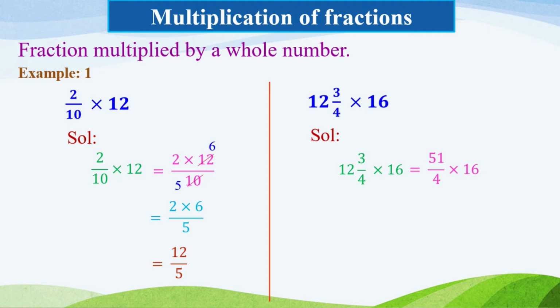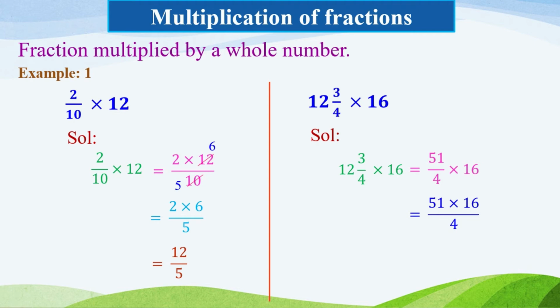How to convert? Whole number into denominator plus numerator by denominator. 12 4s are 48. 48 plus 3, 51 by 4. The expression is 51 by 4 into 16.